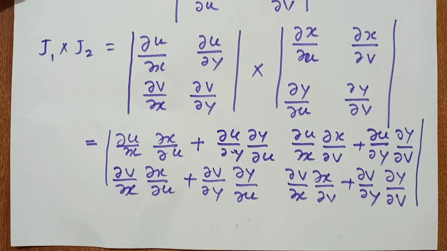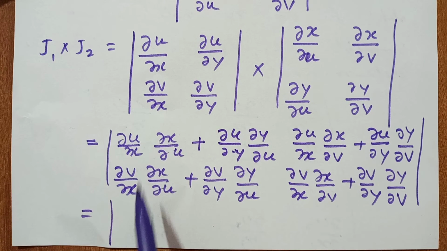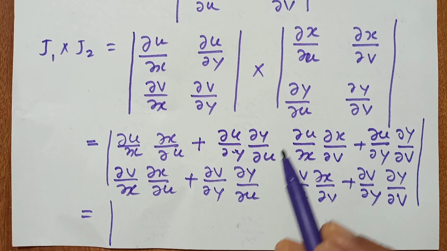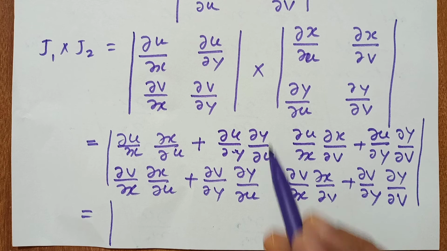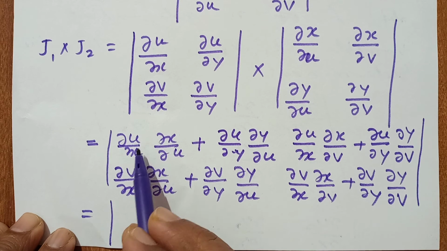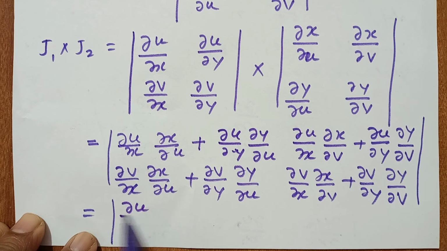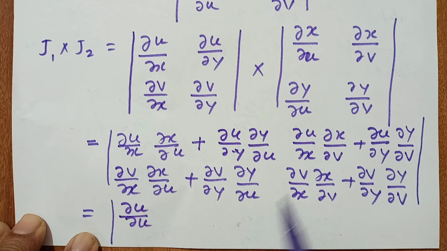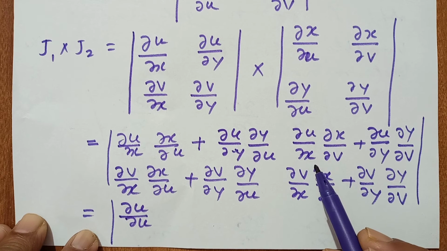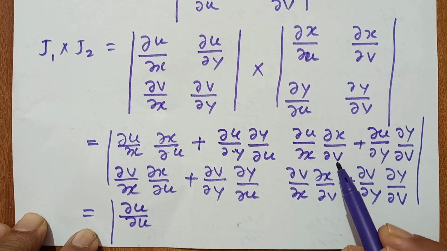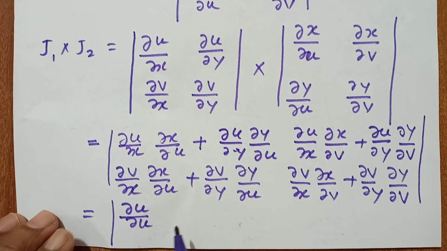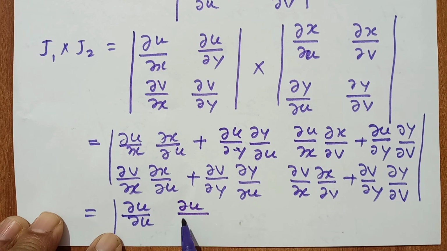Okay, now again we have del u upon del x into del x upon del u plus del u upon del y into del y upon del u. So this is by definition del u upon del u, and this is del u upon del x into del x upon del v plus del u upon del y into del y upon del v, del u upon del v.